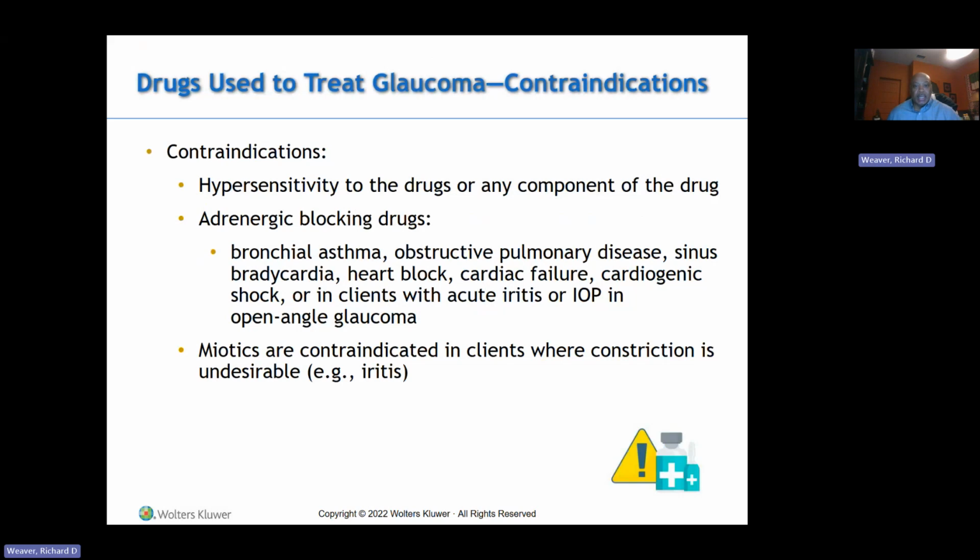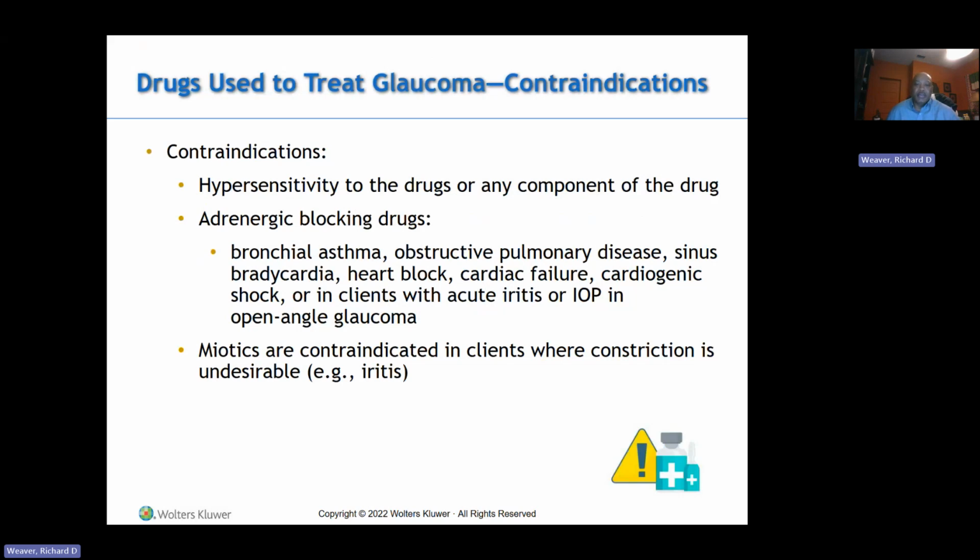All right. Some of the contraindications for using some of these drugs, of course, are hypersensitivity to drugs or any component of the drug. Now, the adrenergic blocking drugs are contraindicated in those patients who have bronchial asthma or obstructive pulmonary disease.